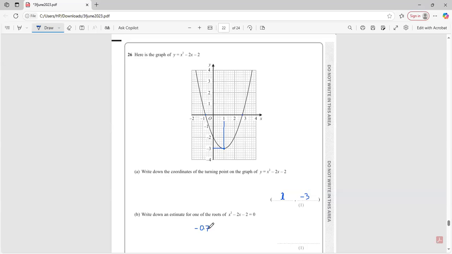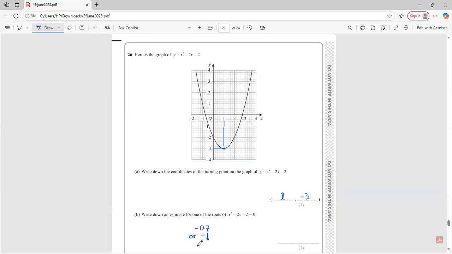Now, if you want to estimate it up to a whole number, you can say minus 1. But I think, when it comes to estimates like this, it's good to just put an or, because they didn't say the estimate has to be a whole number, not compulsory.